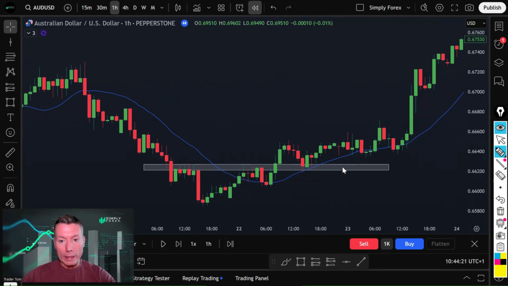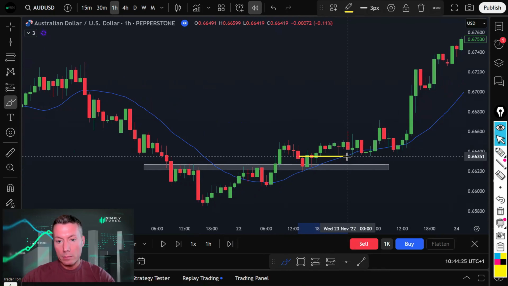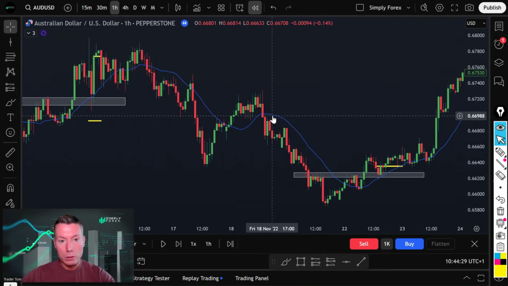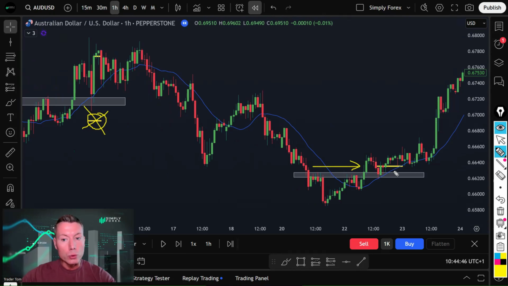Now, at this point, right, I'm going to draw this in again, right? I will close this sell trade, right? Because remember, I don't want to look for sells. I'm looking to buy the market, right? And at this point, I will close this sell trade because it's a new setup.